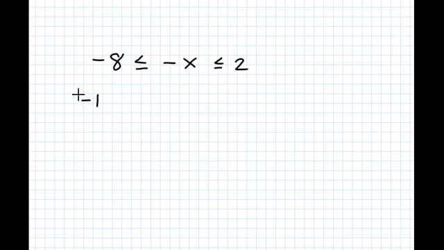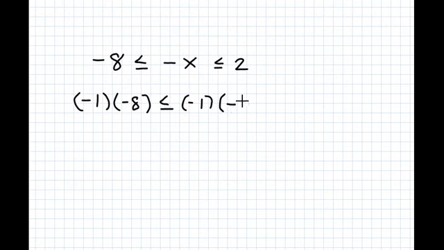And so we'd have negative 1 times negative 8 is less than or equal to, putting this negative 1 in parentheses and the negative x. Usually put everything in parentheses when we're dealing with negatives, so we don't get that confused that it says a minus sign, times 2.